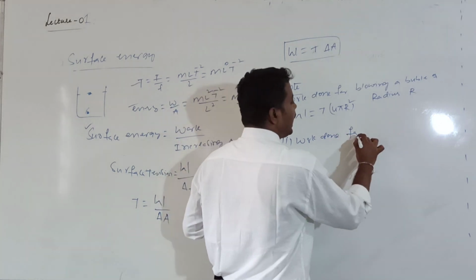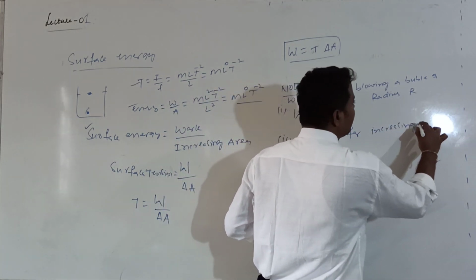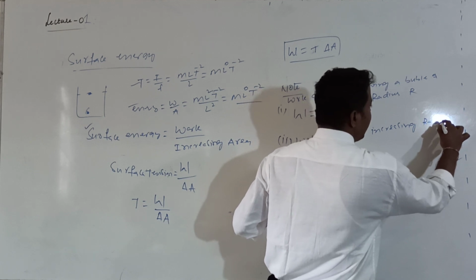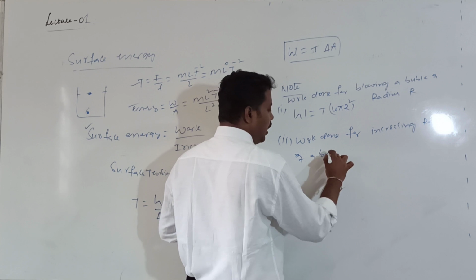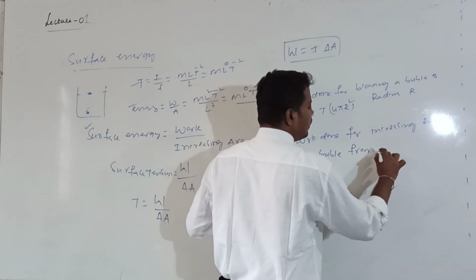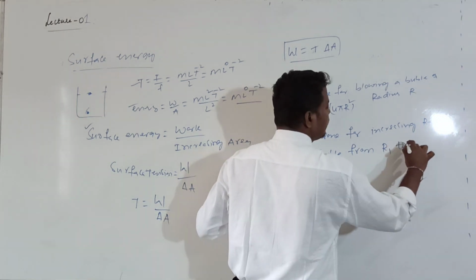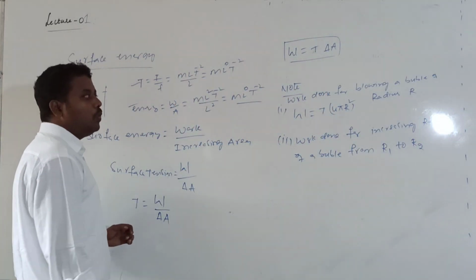The second one: work done for increasing the area or radius of an air bubble from R1 to R2. I want to increase one air bubble radius from R1 to R2.